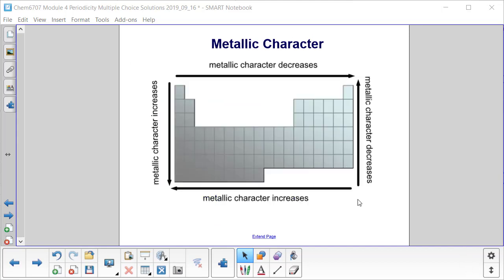We can see that trend here, that metallic character increases from right to left and from top to bottom. Again, just like every trend, we have greatest metallic character in the bottom left, and that decreases as we head toward the top right. And this one is pretty straightforward if we remember the separation of the periodic table into metals, nonmetals, and metalloids.